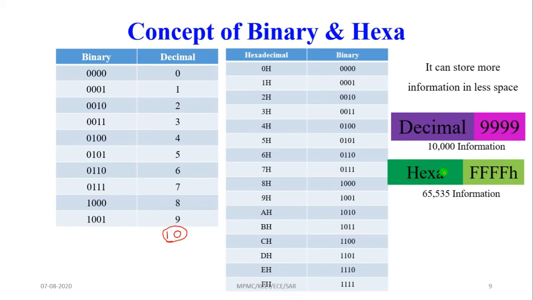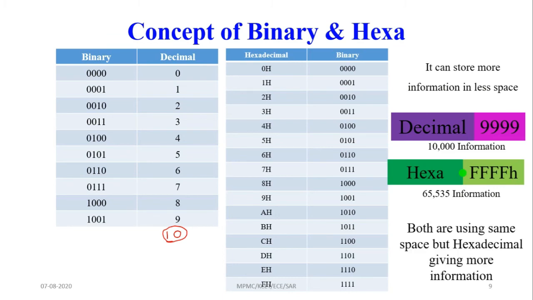If you use a hexadecimal number, it can represent F, which is 15, and it can store 65,535 pieces of information in a 4-digit representation. Therefore, it can store more information in less space. Both use the same space, but hexadecimal gives more information.